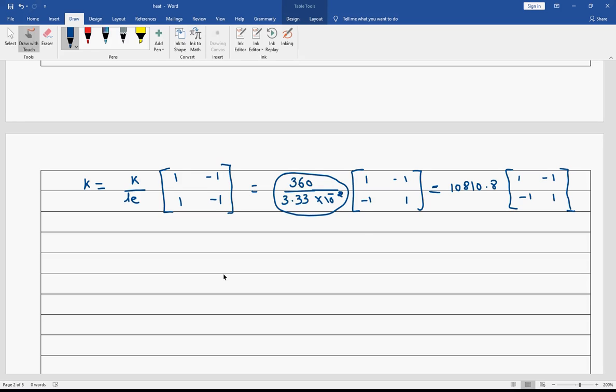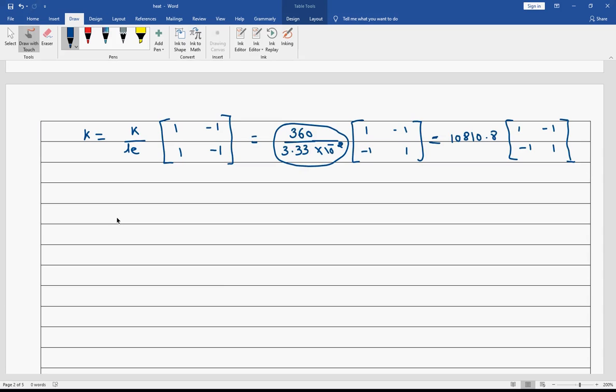Correct. So this is for element 1, and all the elements are of same nature.